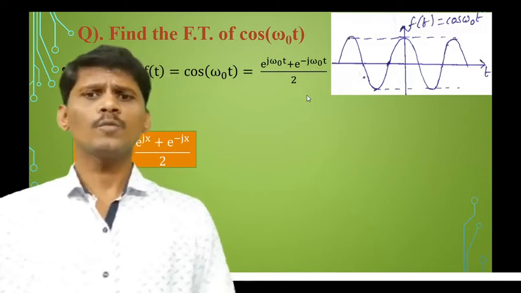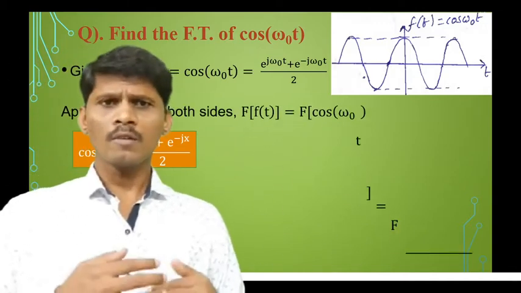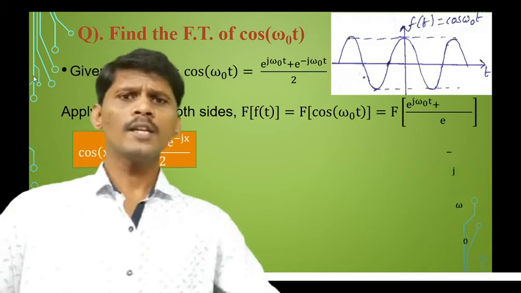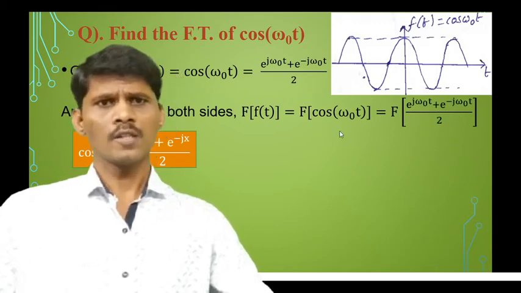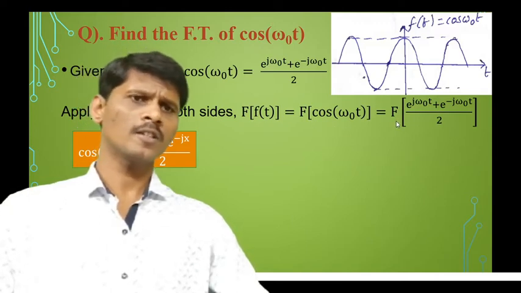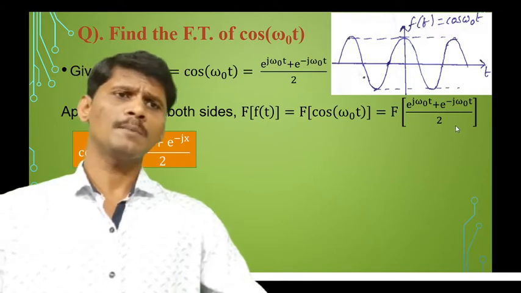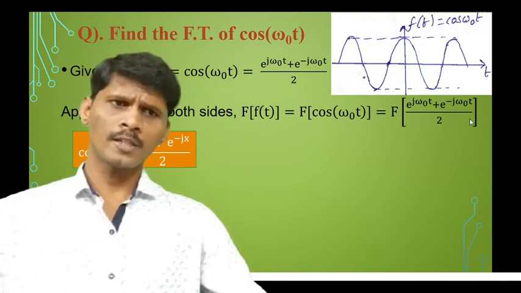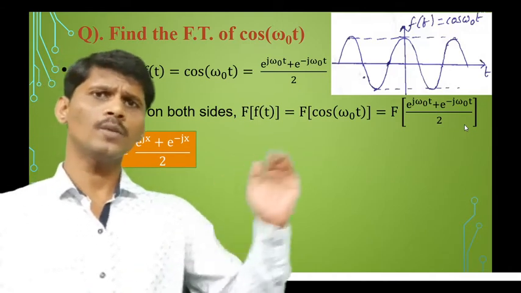Applying Fourier transform on both sides, the Fourier transform of the LHS term is equal to the Fourier transform of the RHS term. So the Fourier transform of cos omega naught t is equal to the Fourier transform of e power j omega naught t plus e power minus j omega naught t by 2. On the RHS, applying the Fourier transform to each term, both transforms are already calculated in previous examples.